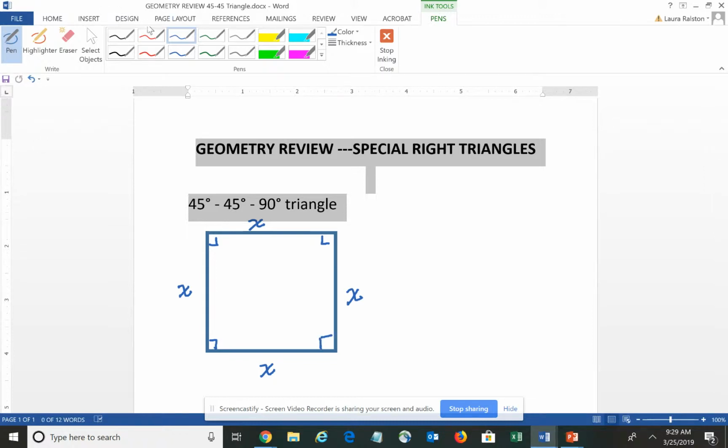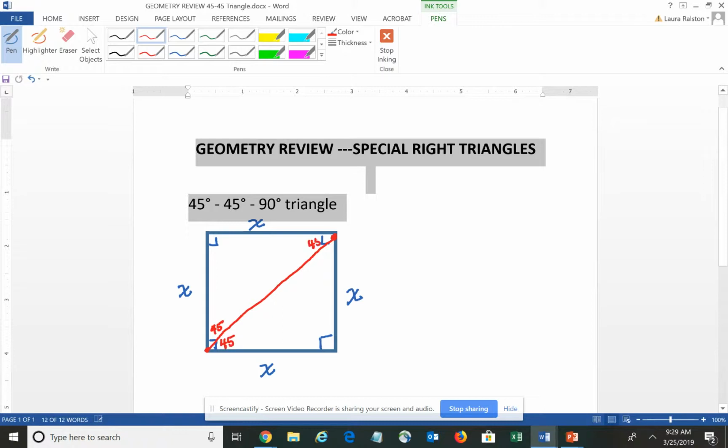We're going to begin by drawing a diagonal from one corner to the opposite corner, which bisects the angle. If the angle is originally 90 degrees and it's divided in half equally, that gives us a 45-degree angle and a 45-degree angle.